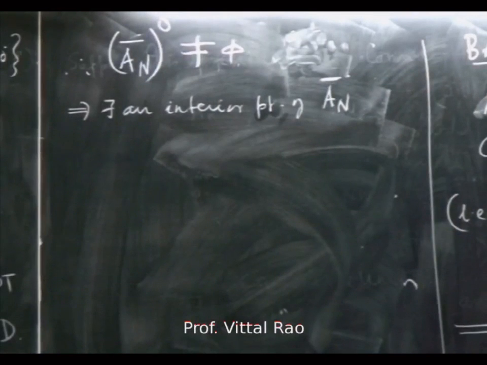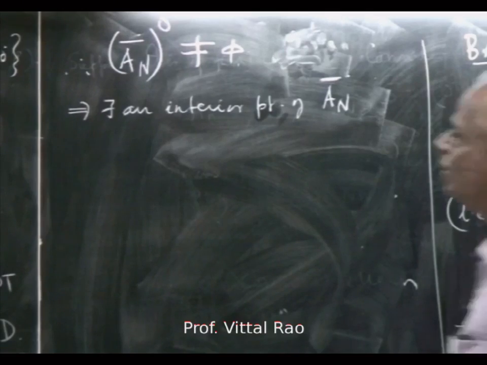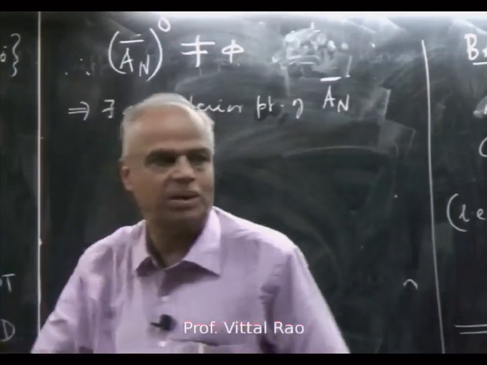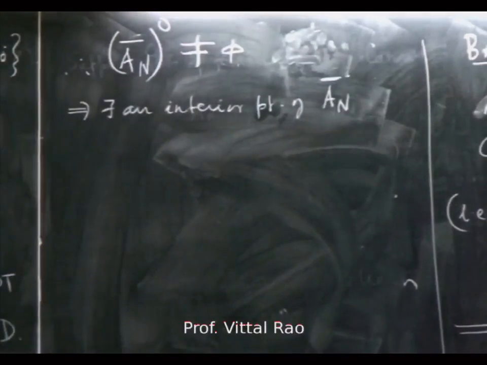Now look at those sets An. These are all the roots of the nth derivative, the points where the nth derivative vanished. Since the nth derivative is analytic, these are the zeros of a continuous function.